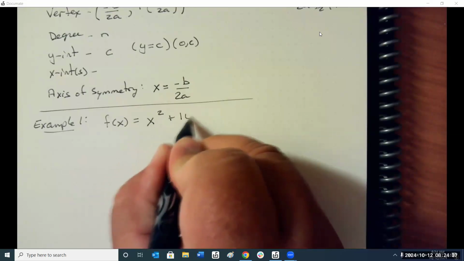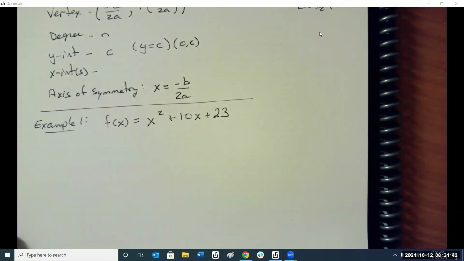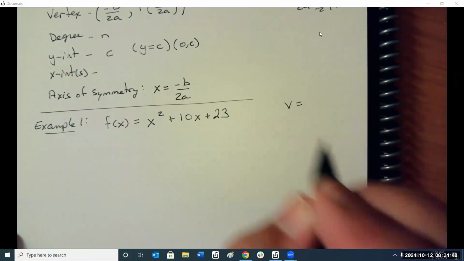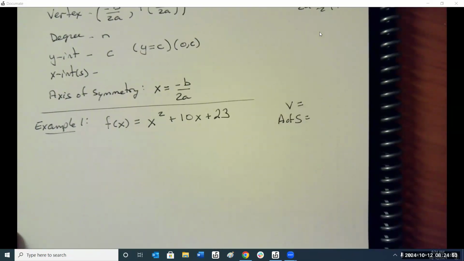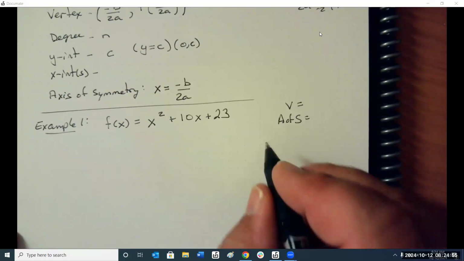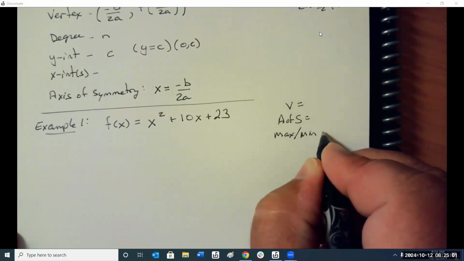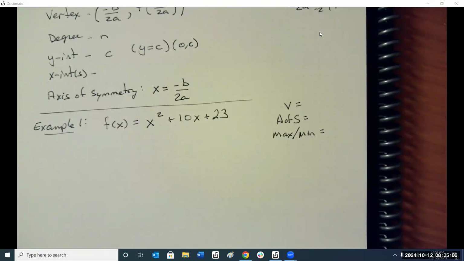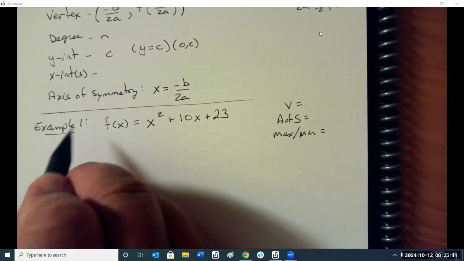f of x equals x squared plus 10x plus 23. What this question is looking for is: find the vertex, find the axis of symmetry, and the max or min value. All right, so our vertex.